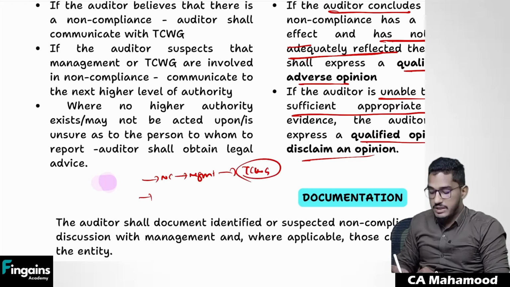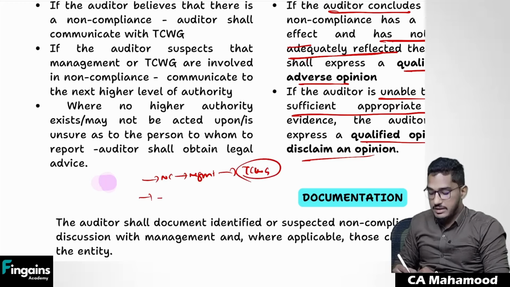Sir, if those charged with governance themselves are involved in non-compliance, what should we do? If the management did the non-compliance, we go and report to those charged with governance. Sir, what if the top level management themselves have done the non-compliance? Then what will we do? If those charged with governance themselves are involved in the non-compliance, determine whether there is any next higher level of authority. Generally, there will not be. If there is, you go and report.